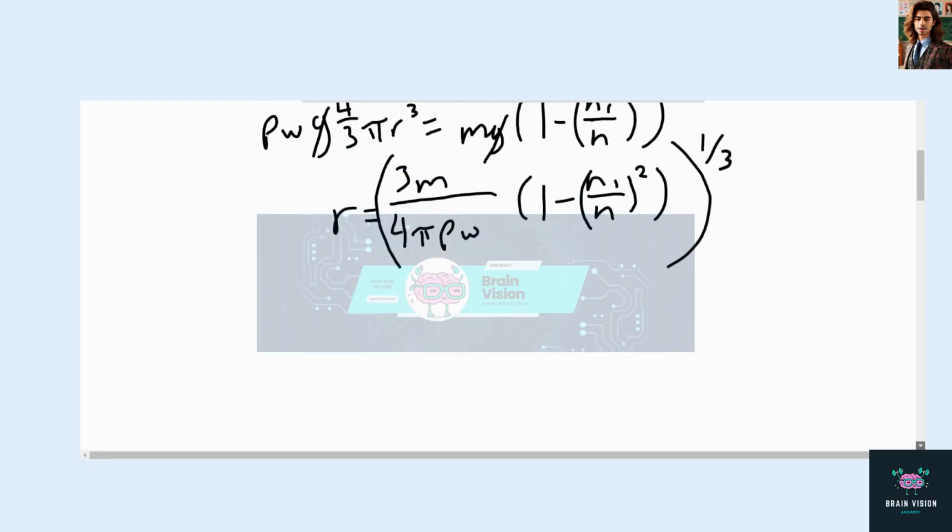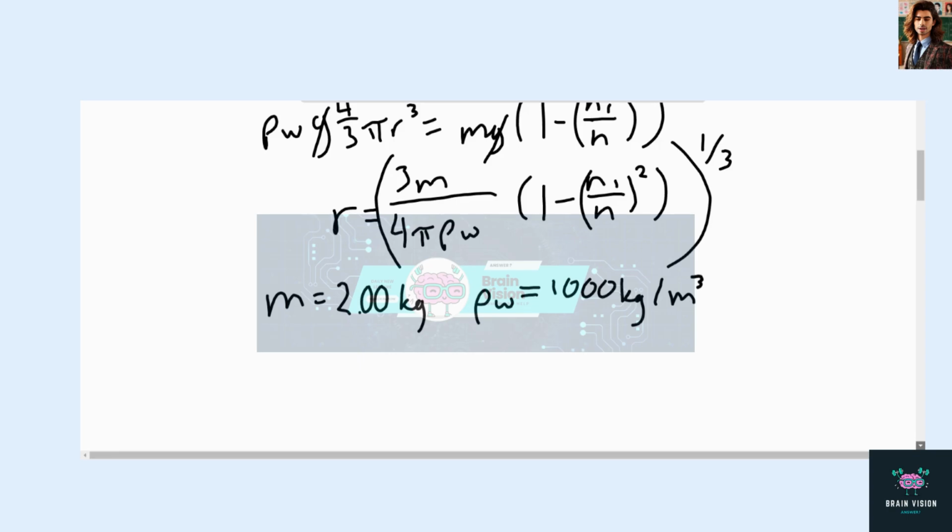because we're told in this example that the mass of the sphere, m, is equal to 2.00 kilograms. And then we know that rho W, the density of water, is 1,000 kilograms per meter cubed. So we can substitute those in.